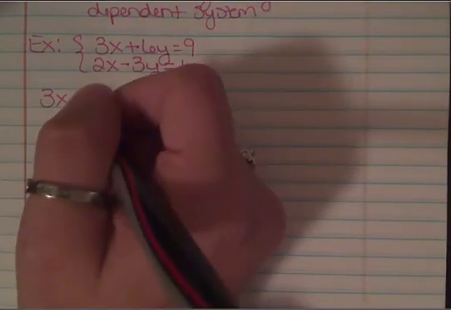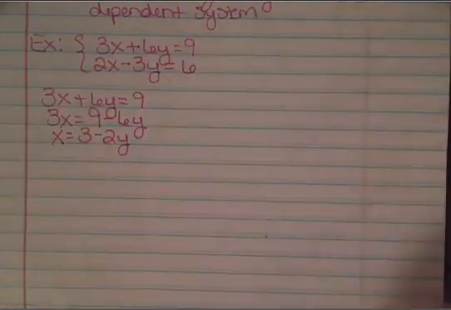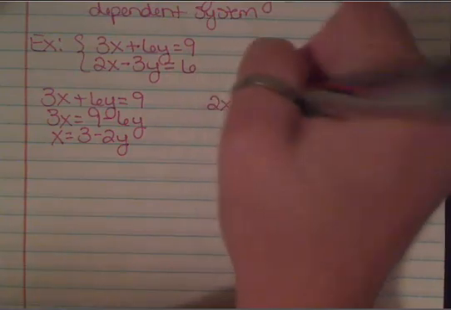So if I have 3x equals 9 minus 6y, and divide all parts by 3, I'm left with 3 minus 2y. Now in my second equation, anywhere there's an x, I need to plug in all of this stuff.